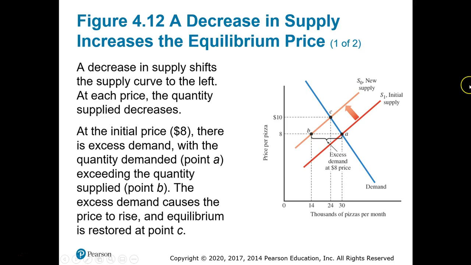So a decrease in supply shifts the curve to the left. At each price, the quantity supplied decreases. At the initial 8, there's an excess in demand. We go from A to B. So with the quantity demanded at A, we exceed the quantity supplied at B. The excess demand causes the price to rise from B to C, with the equilibrium restored at a higher price.